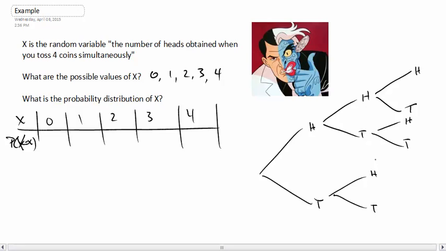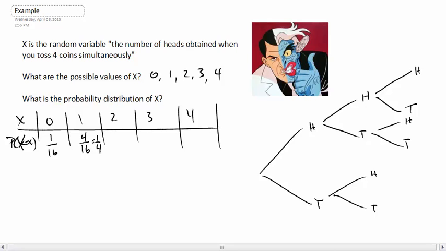And in one of those outcomes, we get 0 heads. That would be when we get tails on all of them. On four of these total paths, we'll find that we get exactly one head. So 4 out of 16, also known as 1/4.